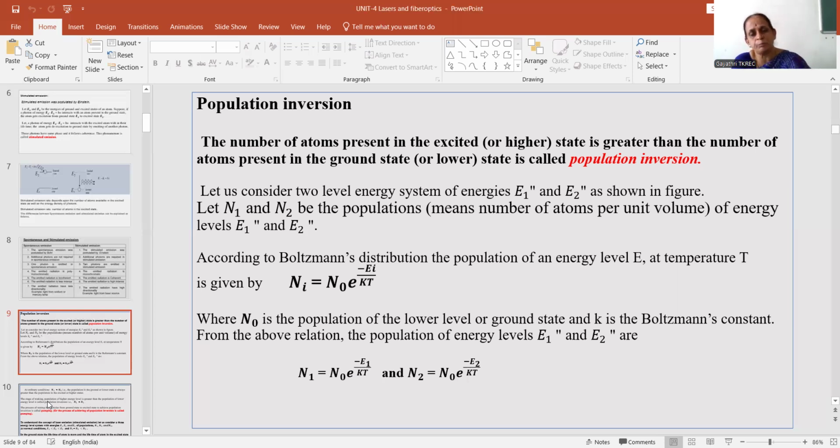From the above relation, the population in the case of energy states E1 and E2 is N1 equals N0 into e power minus E1 by kT and N2 equals N0 into e power minus E2 by kT.